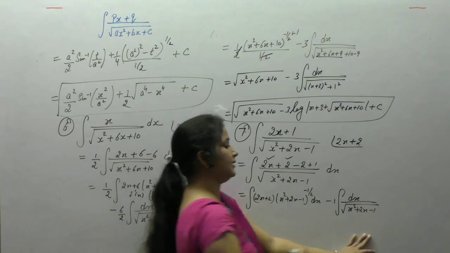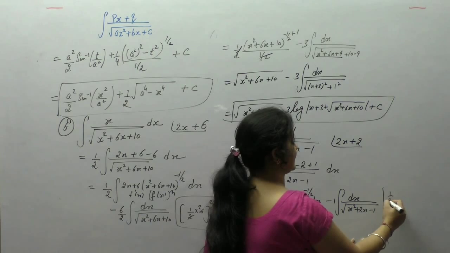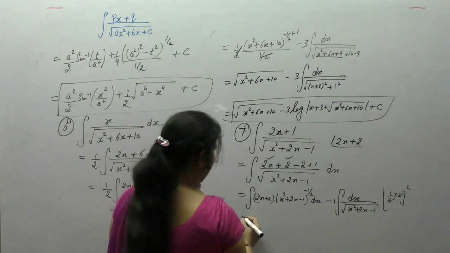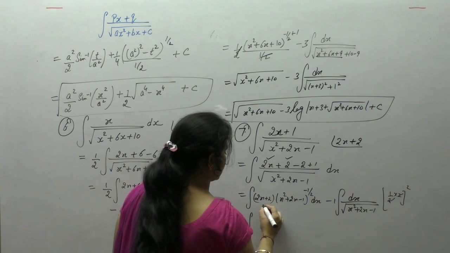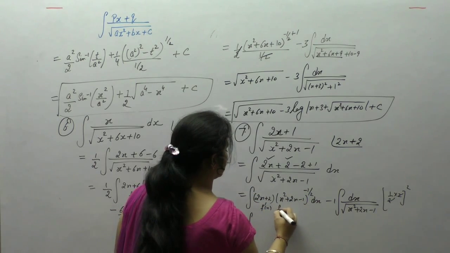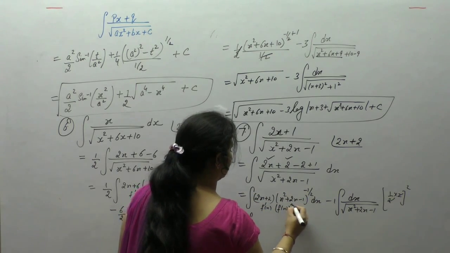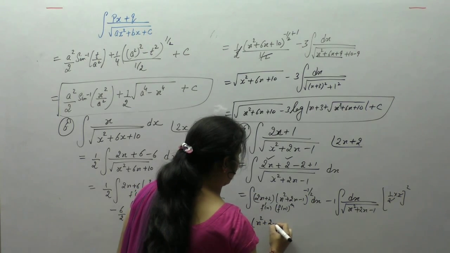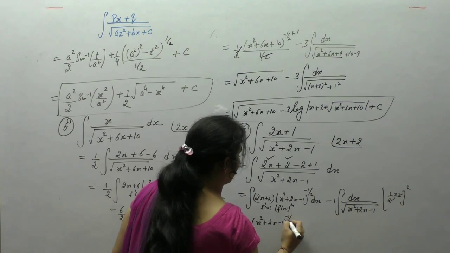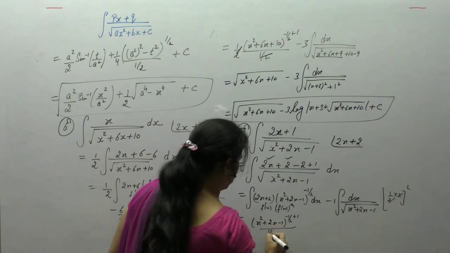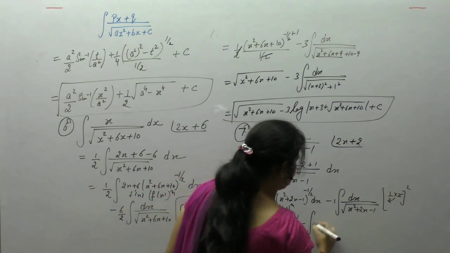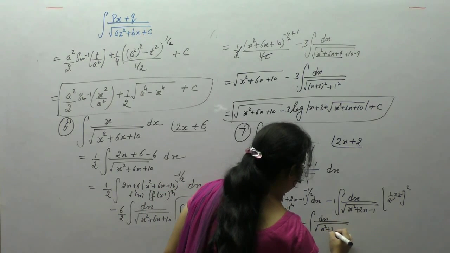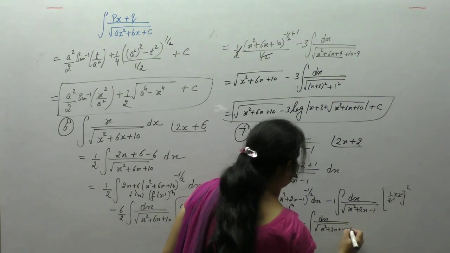Complete the square here by adding and subtracting half coefficient of x, which is 1. Add and subtract 1 here. This is of the form f dash x into f of x power n, which gives f of x power n plus 1. Square root of x square plus 2x minus 1, minus half plus 1 is 1 by 2. Minus dx upon, add and subtract 1 here, plus 1 minus 1 minus 1.